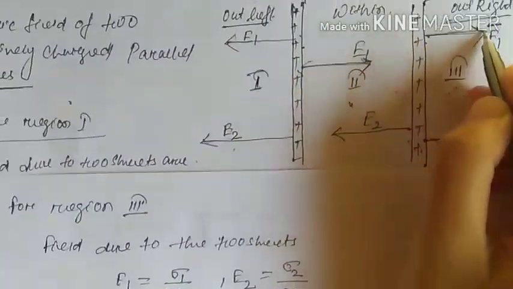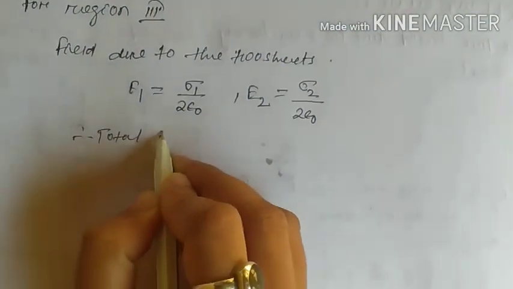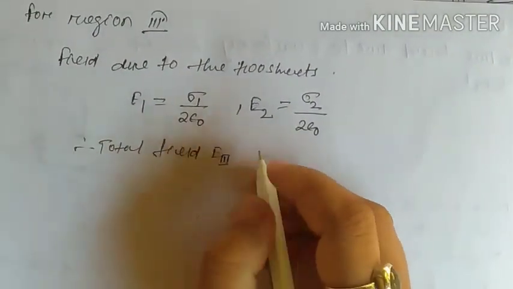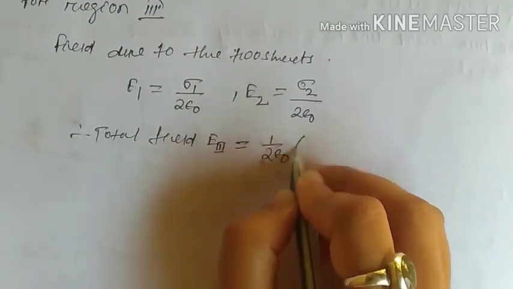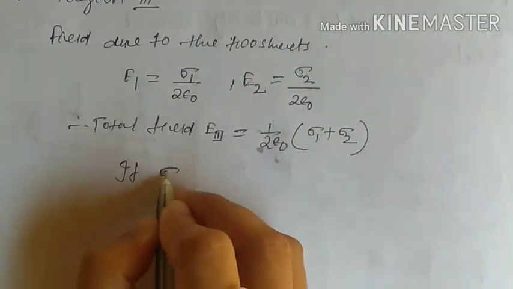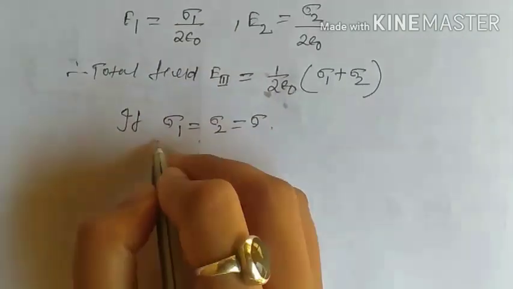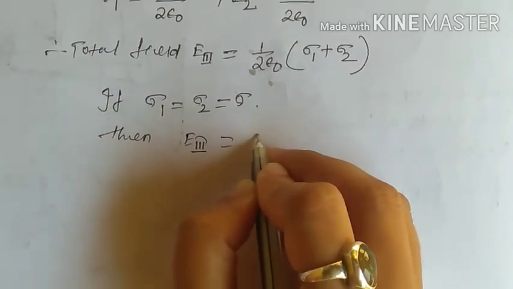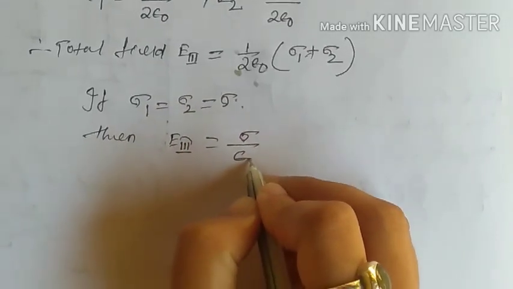Because both are in this direction. Therefore, total field at the region E3 or third region is equal to 1 by 2 epsilon naught, sigma 1 plus sigma 2. If that same condition applies, if sigma 1 is equal to sigma 2 at any time, let it be sigma, then the above relation becomes, that is sigma 2 getting cancelled, so sigma by epsilon naught.